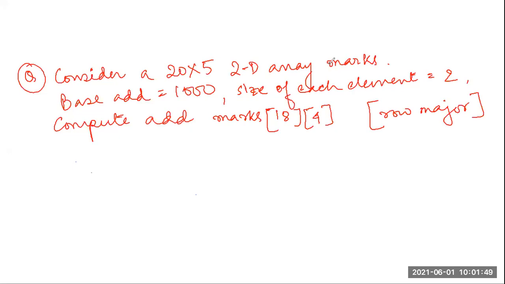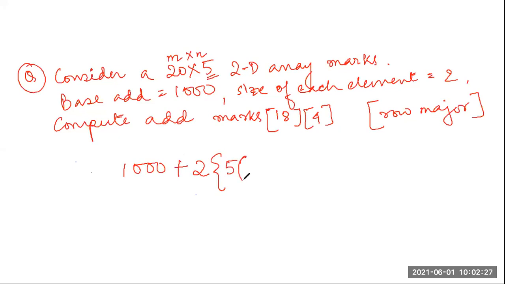Now the question is, how do we initialize 2D arrays? No, Shobha, 241 is not the answer, because Ashish is right, 1176 is the answer. The formula was base address plus W, the size of each element, which is 2, times, when I follow row major, N, since it is M into N. So my N is 5, so here I will give 5.